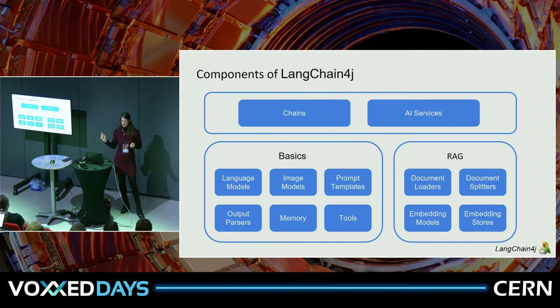We have a memory, so we can actually chat with it, and then it can access tools. At the other side, you see RAG, retrieval augmented generation. That's a hard word to say, chat with your documents. I will come back into detail later. And then the level on top, we have a higher abstraction level where we group all these basic components into chains or AI services.